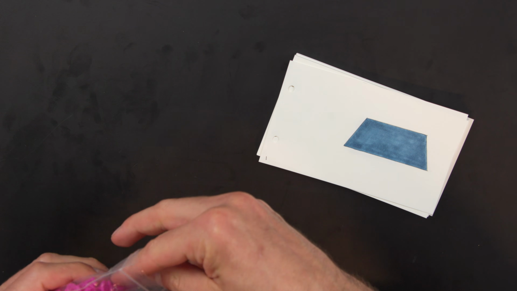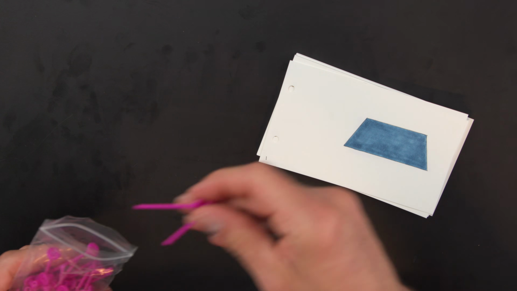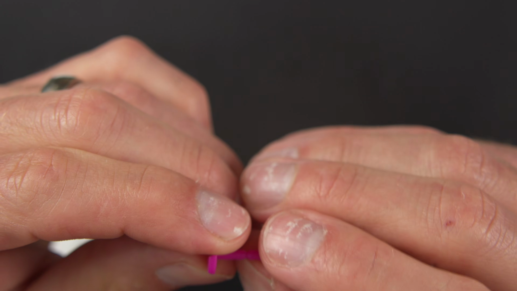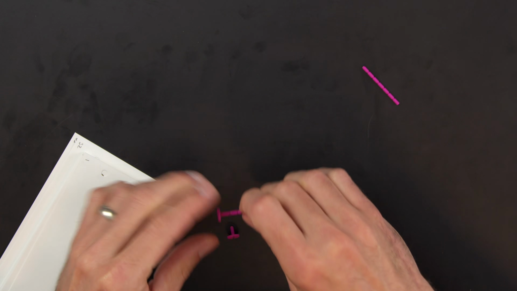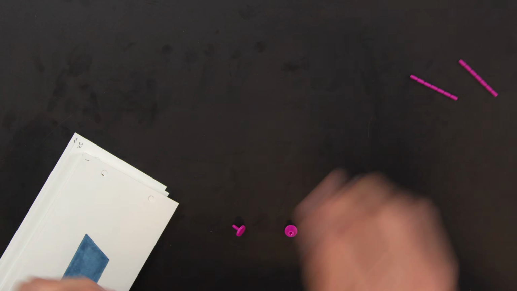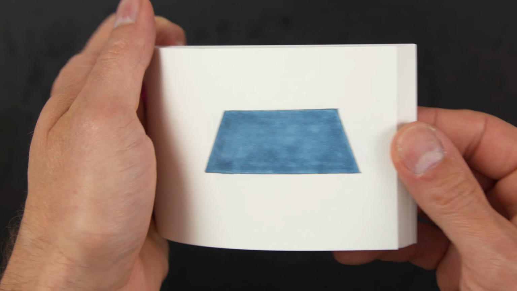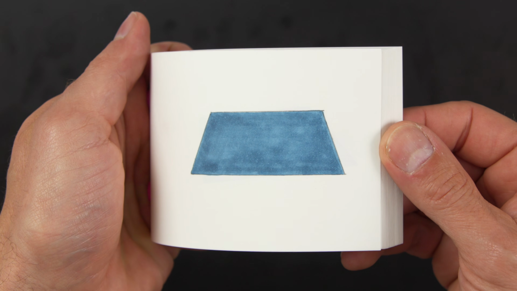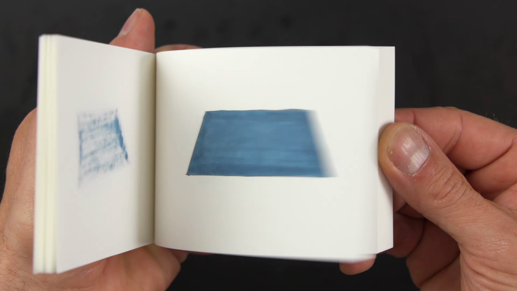I haven't seen him in a little while, actually, and so I hope everything is fine in the future. And this flipbook is very small, so we're going to go with the smallest size of snap screw. So here is the finished flipbook with a perfect rotating square in perspective.